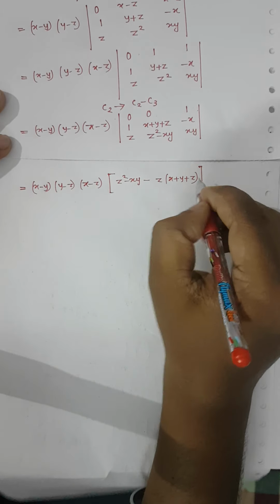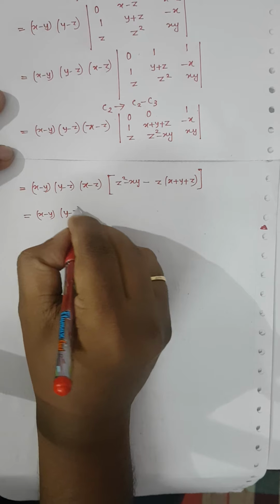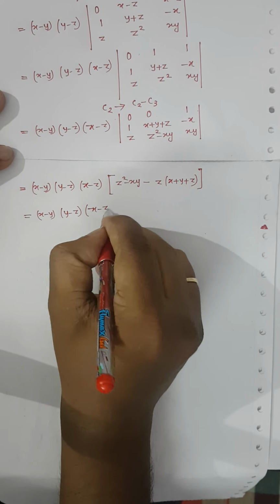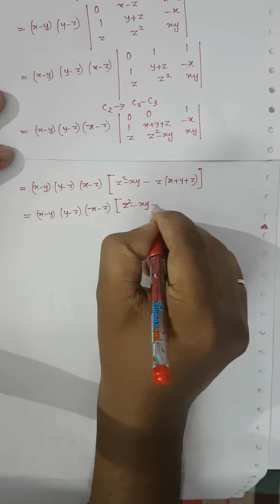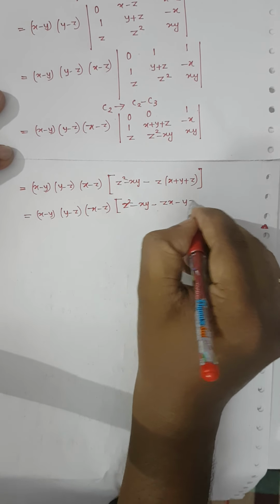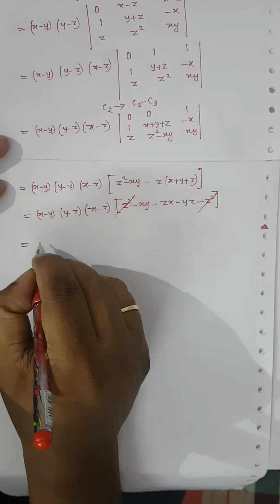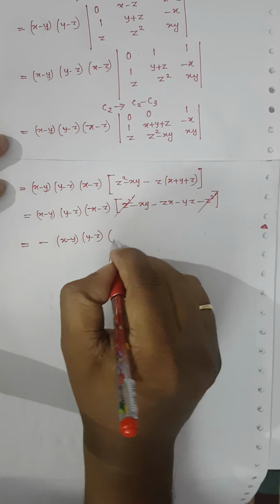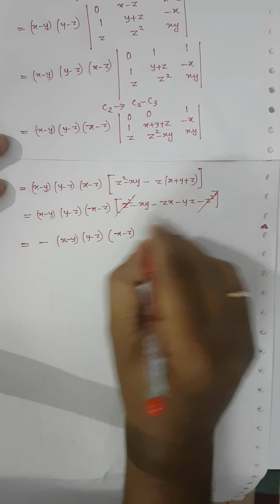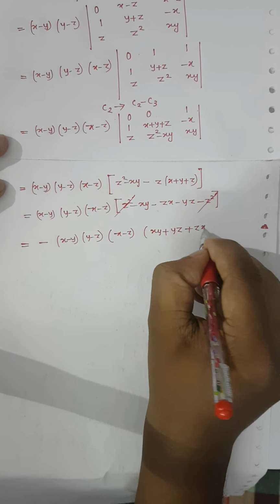Expanding it, z square minus xy minus zx minus yz minus z square. After cancelling z square, I will have minus of x minus y, y minus z, x minus z, into xy plus yz plus zx.